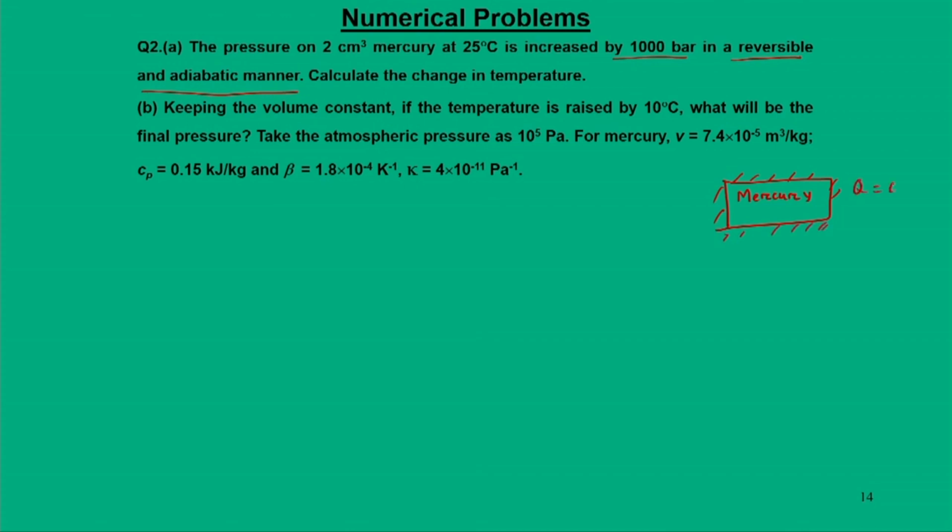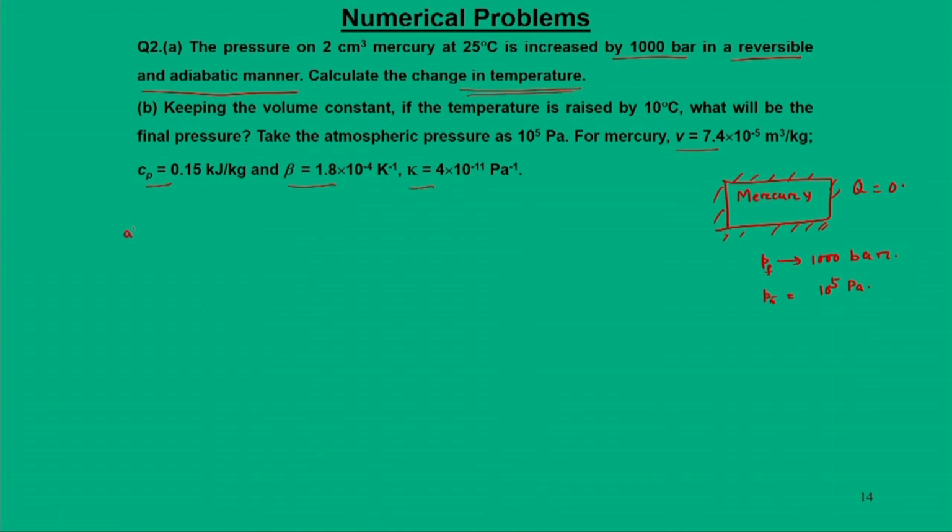So, Q is equal to 0, pressure goes to 1000 bar, and its initial pressure Pi is atmospheric, 10 to the 5 Pascal, and all other numbers are given: specific volume, Cp, beta and kappa. So, we want to find out the change in the temperature.